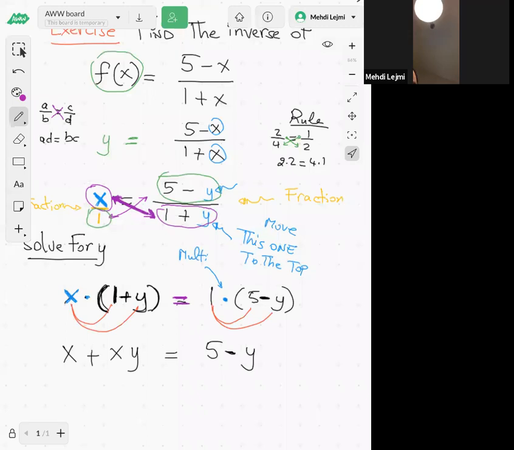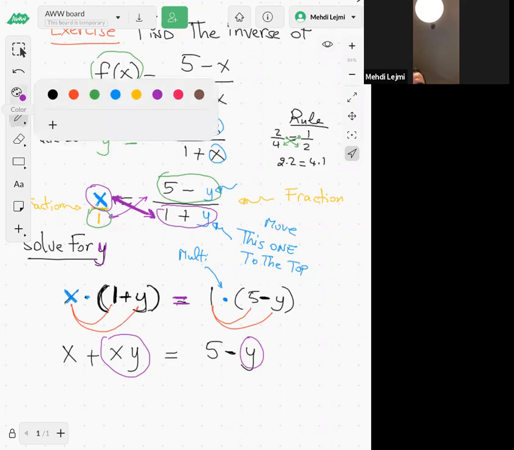All right, so what I was saying, guys, is I want to solve for y, right? Now, I have this term with y, and there's another y here, right? And the idea is to move all the y's, or the terms with y, to one side, and everything else to the other side. So this term with the x, there's no y here, right?